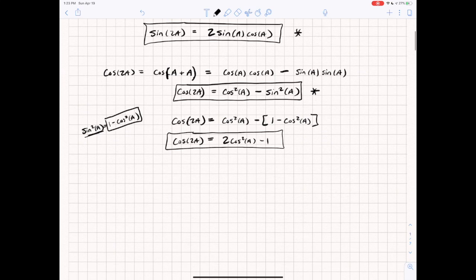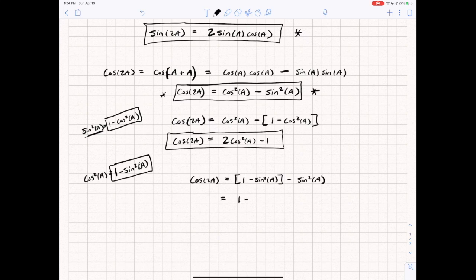And I can do the same thing by, instead of replacing sine, what if I wanted to replace cosine? Well, cosine squared from Pythagorean is 1 minus sine squared. And so I can replace cosine squared in the original with that. And so then I would have cosine of 2a is equal to 1 minus sine squared minus sine squared in the original.